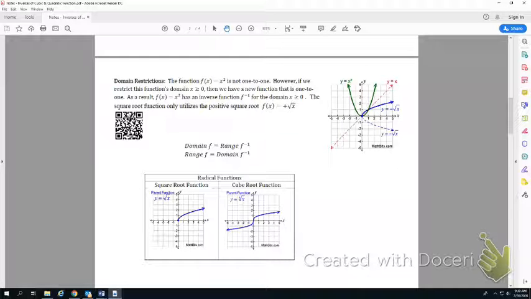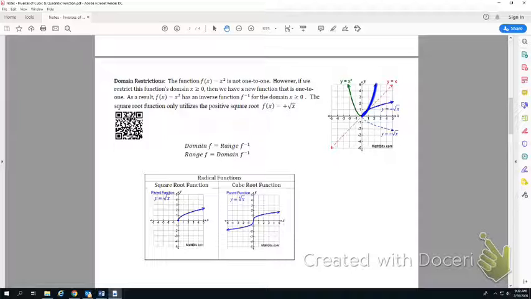It says the function f of x, x squared, is not a one-to-one. Y'all have already told me that. However, if we restrict this function's domain to when the x values are positive, then we have a function that is a one-to-one. So what it's saying is we can take the original quadratic and essentially we're just going to focus on this part of the quadratic.